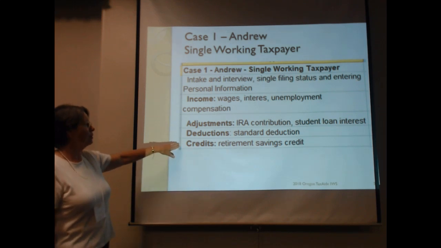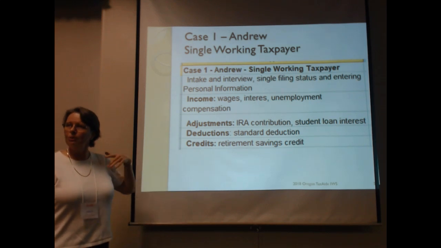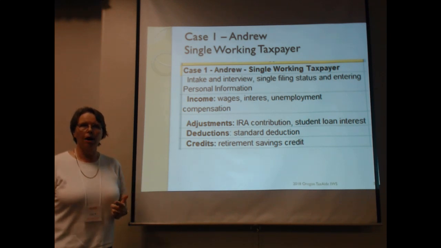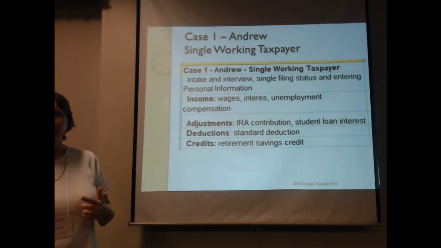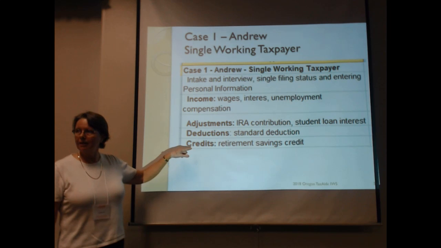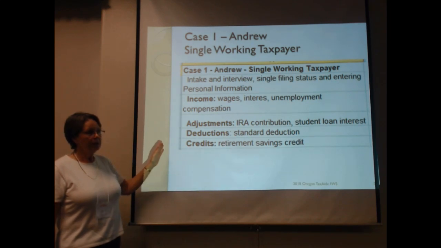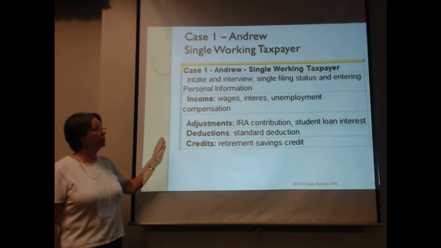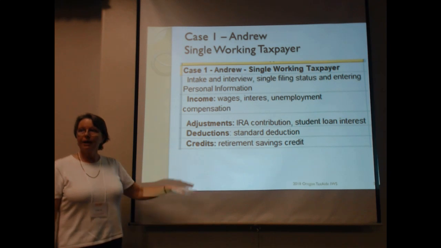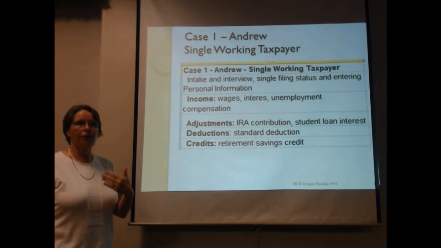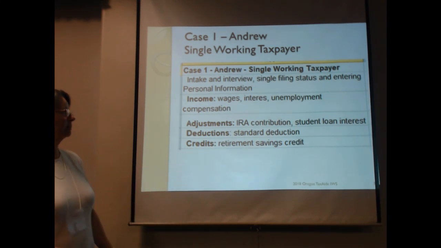But we now introduce the retirement savings credit. You wouldn't think that on day 1, on the first return, you're going to introduce something like this. But a simple return like this probably has retirement savings if they're a good solid working person.